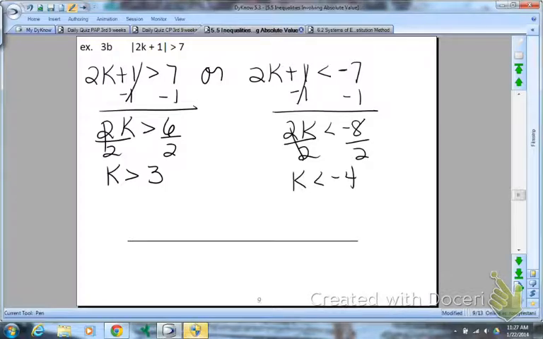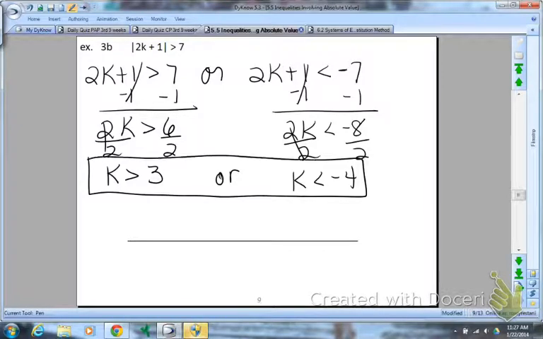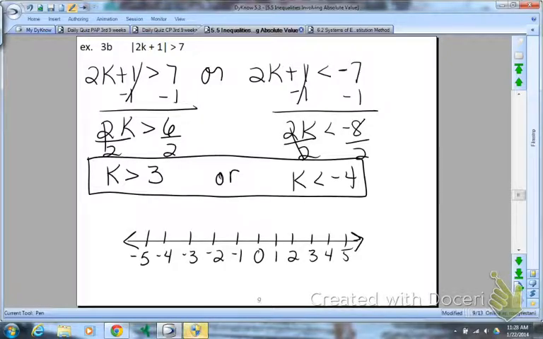And make sure you bring down the word "or." This is your answer. They better go in opposite directions when we're graphing. So let's graph. k is greater than 3, open circle, and it goes to the right. And k is less than negative 4, open circle, and it goes to the left. Okay?